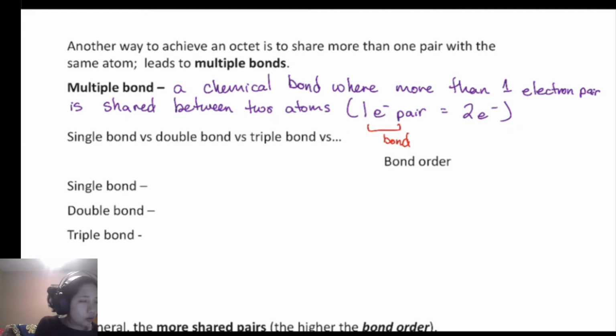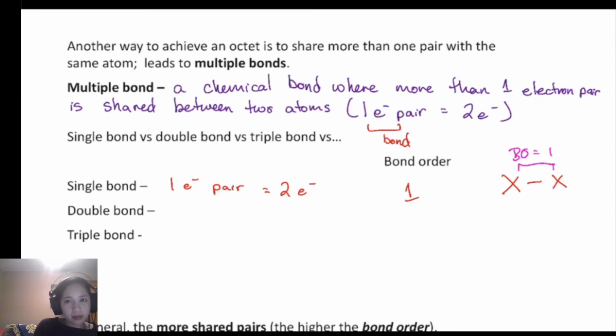So we've seen single bonds where there's one electron pair, or two electrons total. Sometimes we talk about bond order. If a substance only contains single bonds, we would consider the bond order of that substance to be 1. So if we had a molecule like X bonded to another X with just a single bond, we would say the bond order equals 1 for that substance, for example.